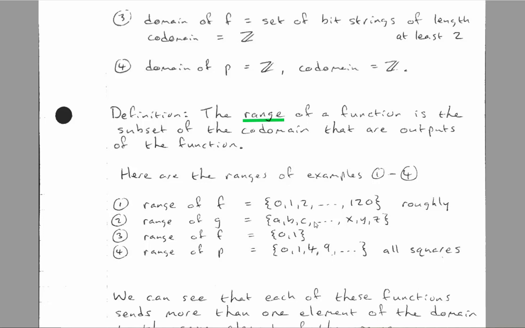There is a word that ends in every letter of the alphabet. I checked. Even Q. The range of f is just a bit, 0 or 1. And the range of that squaring function is just outputting squares: 0, 1, 4, 9, 16. So that's the range of that function.